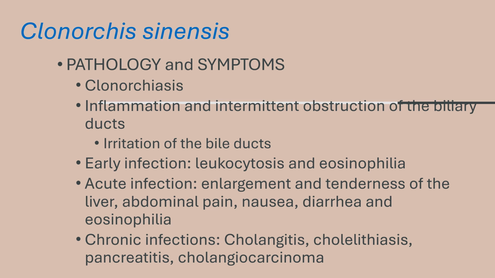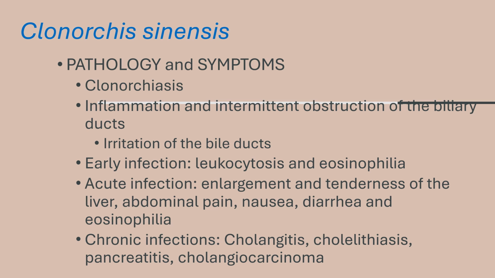In case of cholangiocarcinoma, it is a malignant tumor that arises from the bile duct epithelium. And yes, this one is the second most prevalent liver cancer after hepatocellular carcinoma. Cholangiocarcinoma is associated with Clonorchis sinensis, but there is no direct link between clonorchiasis and this cholangiocarcinoma.